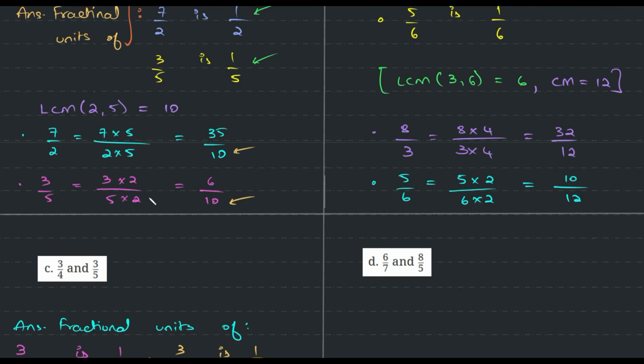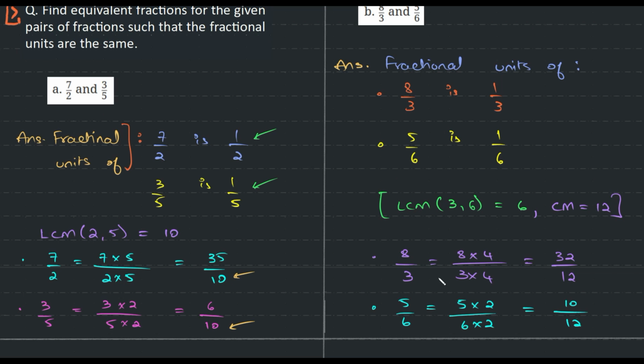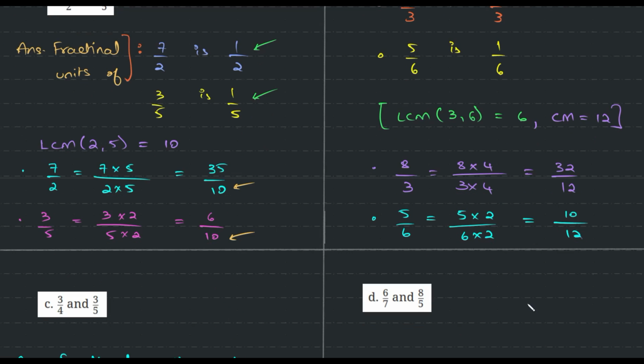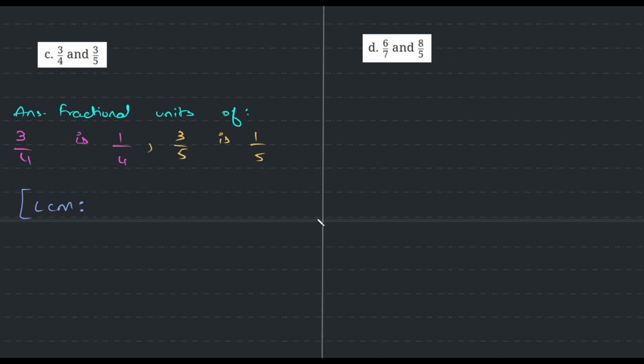See guys, the LCM in the previous case didn't work out because we wanted an equivalent fraction. So I went with the next common multiple, that is 12, 6 times 2. So don't get confused over here. I didn't go with 6 just because we needed an equivalent fraction for 5 by 6. We can't work with 6 because 5 by 6 will be 5 by 6. We can't change that. So for changing the denominator, we need another common number for both the first number and the second number, and that happens to be 12. So case by case we have to consider and go.